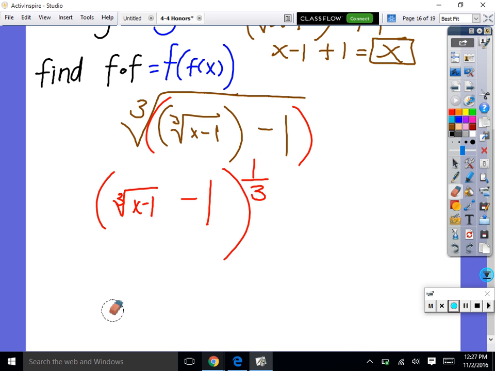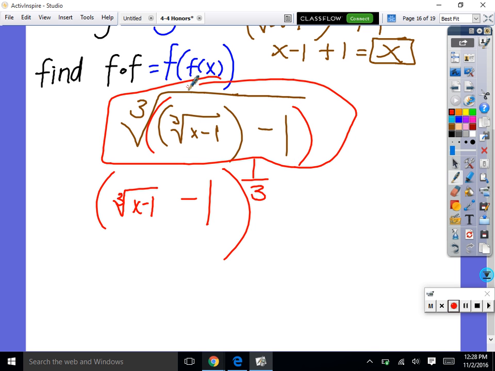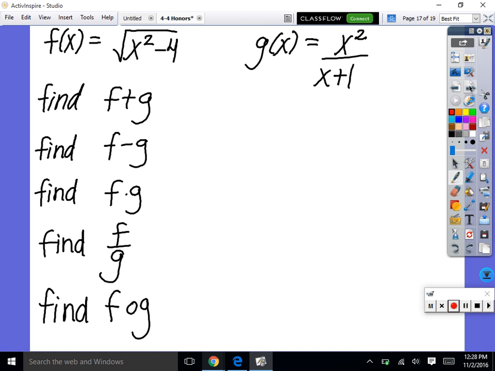But algebraically, we can't do that. We know that. That would not work. So I'm going to think about this one for a little bit longer, but I think that this would actually be considered the most simplified answer, because we aren't breaking any mathematical rules here. Does that make sense, everybody? If you did just cube root that, you'd be absolutely wrong. We can't do that. Okay. So I'm going to come think about that one, look at my book, and make sure that I'm right. Okay, awesome.